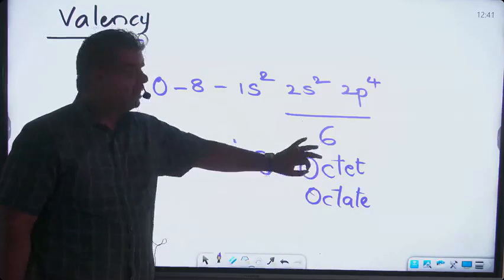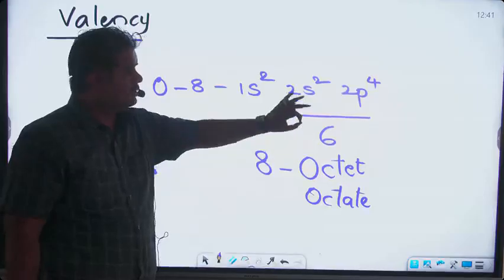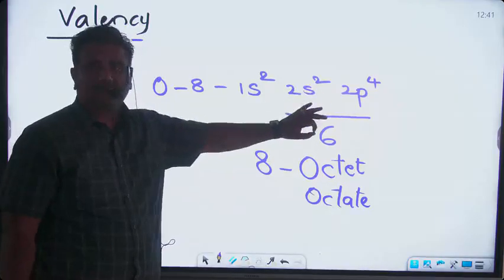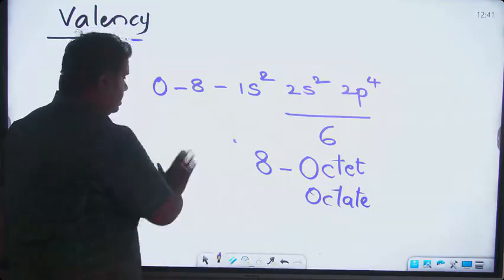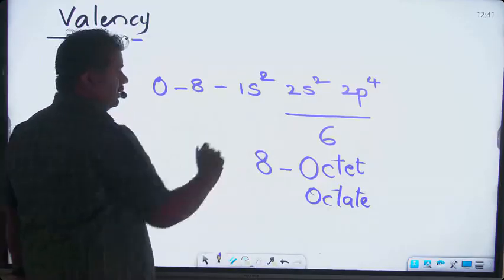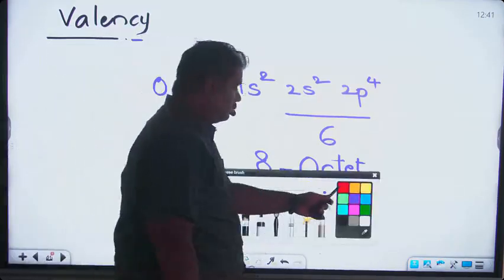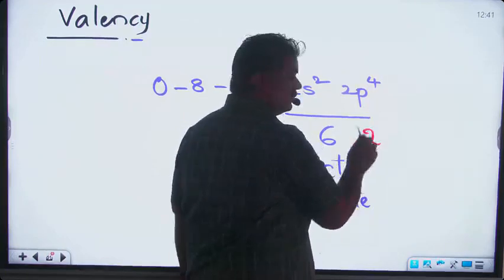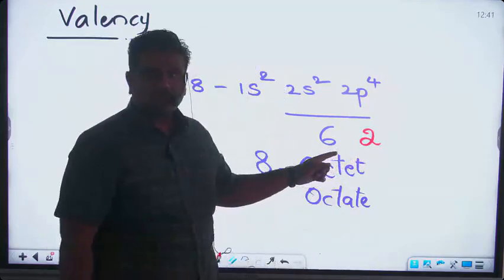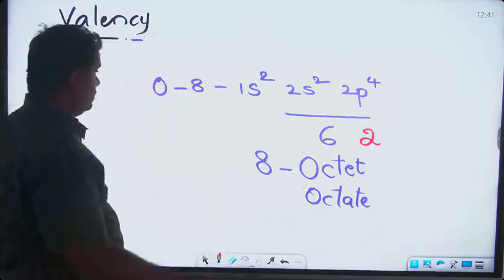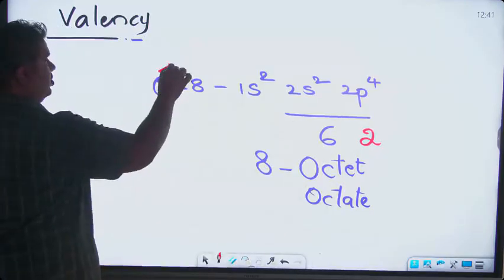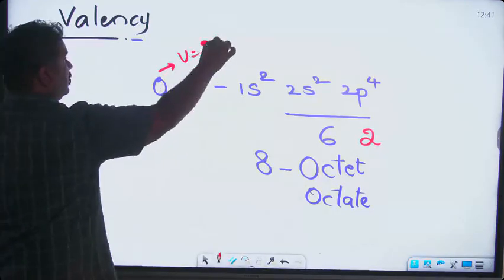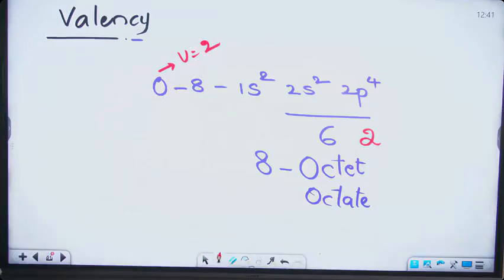So any atom having 8 electrons in the outermost orbit is considered very, very stable. Here, how many electrons does oxygen have in the last orbit? Only 6. To gain this stability, oxygen requires 2 more electrons. So for oxygen, the valency is equal to 2.